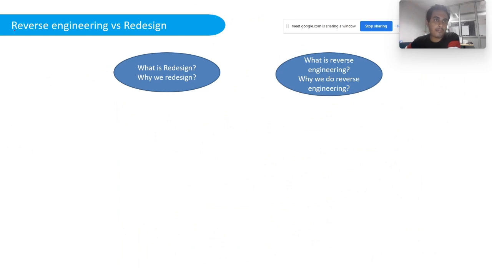Okay, so have you heard about these terms, reverse engineering or redesign? What is redesign? We have heard about design, product design, and then we talked about three types of design: original design, adaptive design, and variant design. So what is redesign, and why do we redesign?